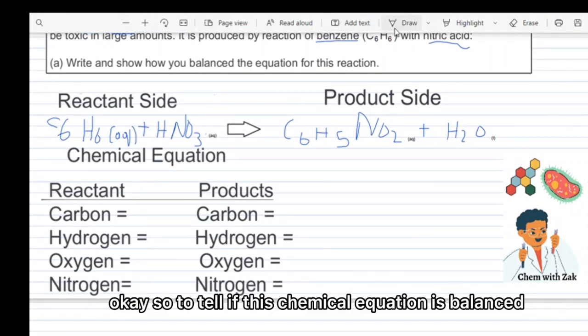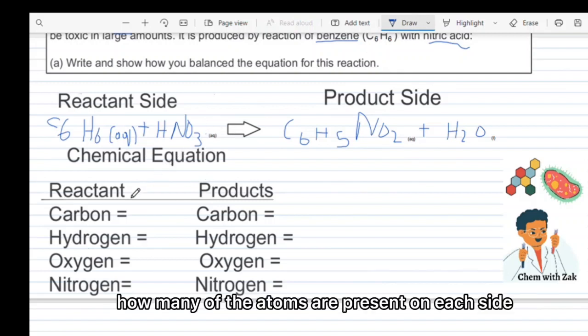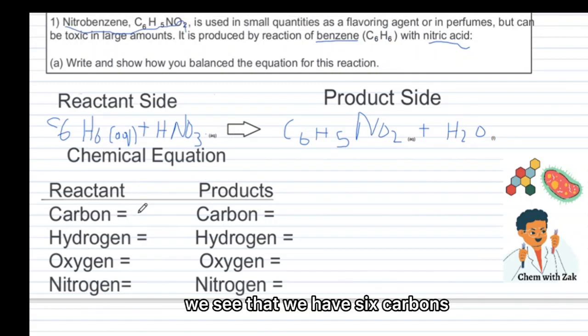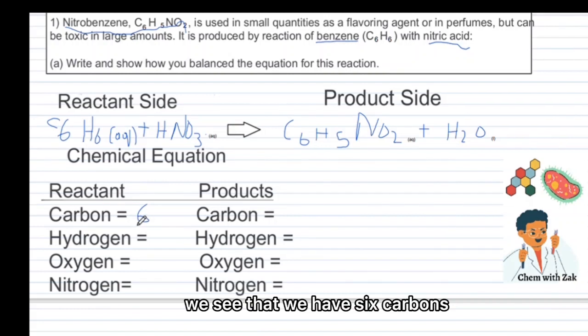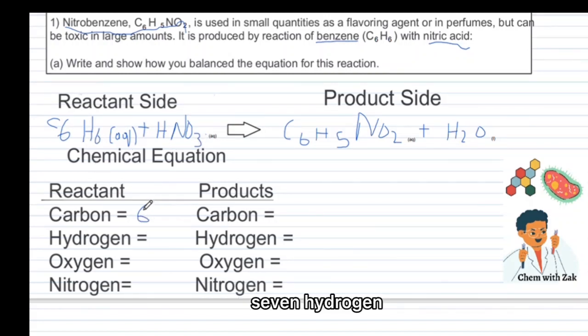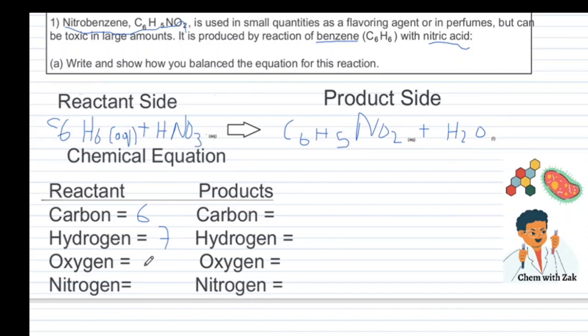To tell if this chemical equation is balanced, we must first check how many of the atoms are present on each side. For carbon, we have 6 carbons on the reactant side, 7 hydrogen because 6 plus 1 gives you 7, 3 oxygen, and 1 nitrogen.